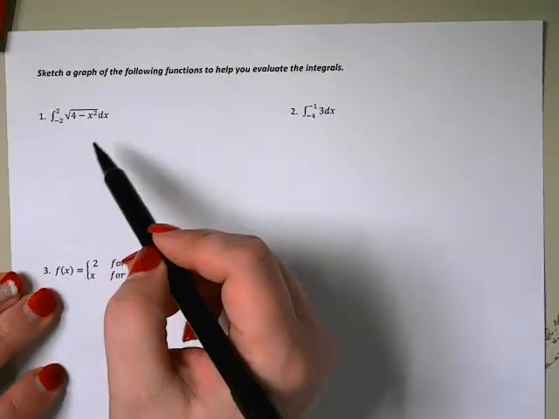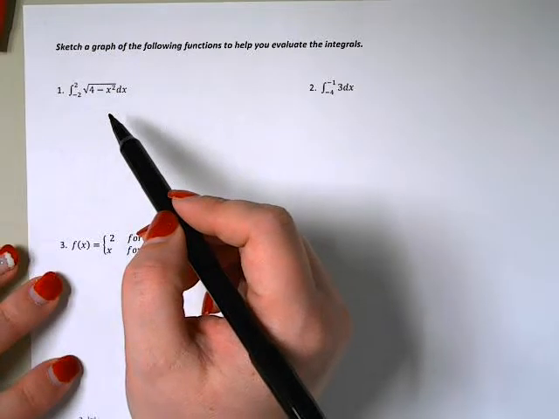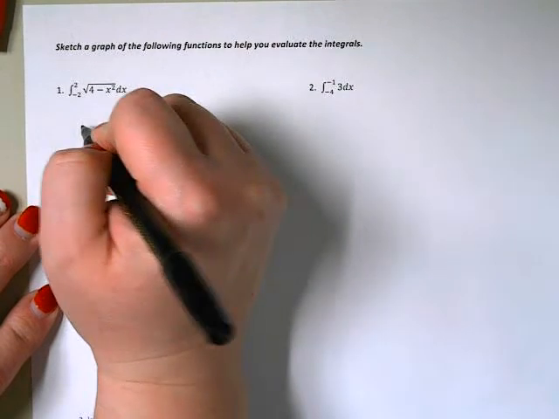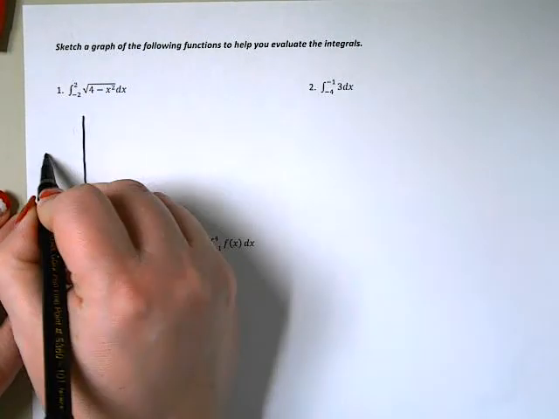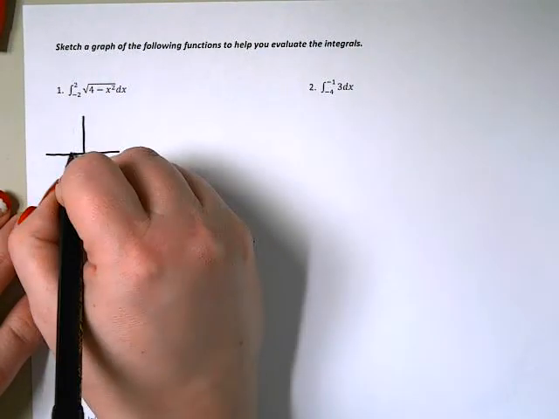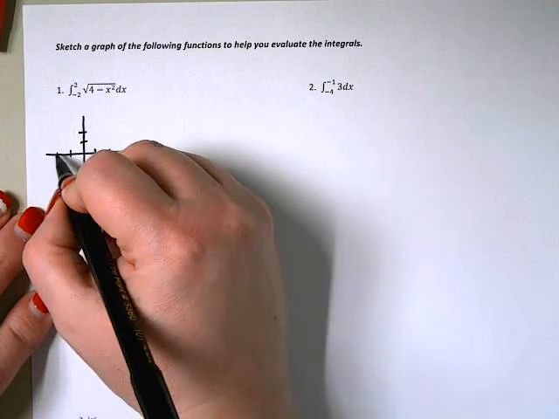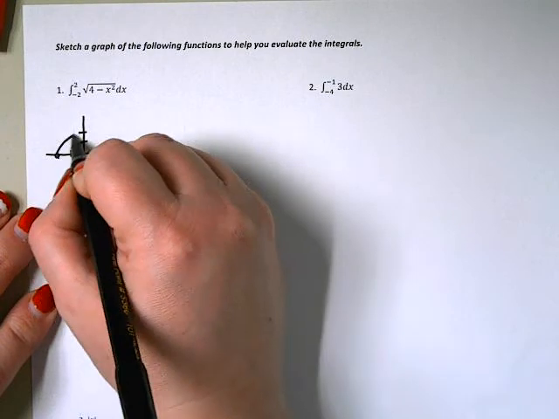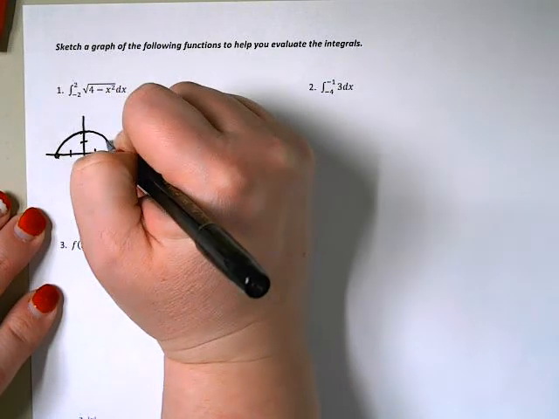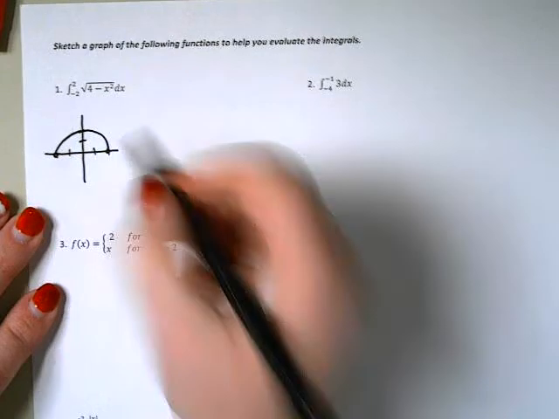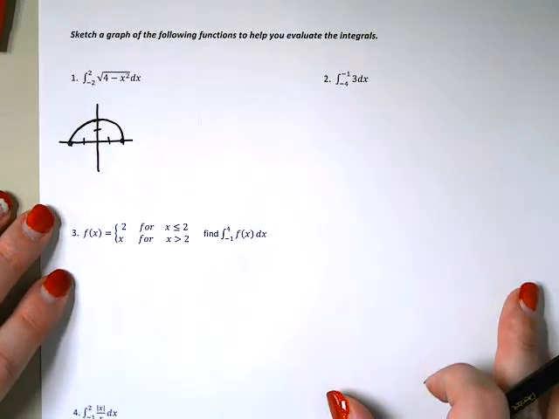Well, this is that semicircle again that I kind of warned you guys about. So we need to draw ourselves a semicircle with a radius of 2. It's not quite even, but close enough.